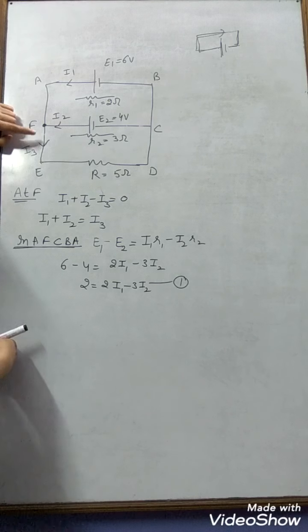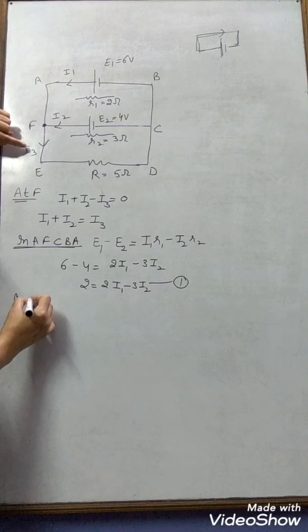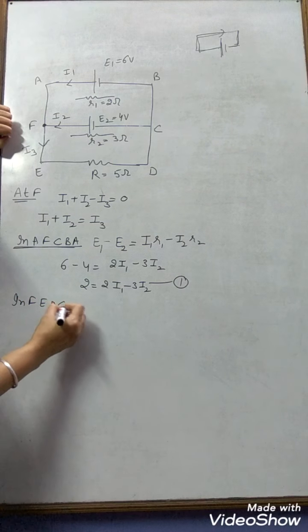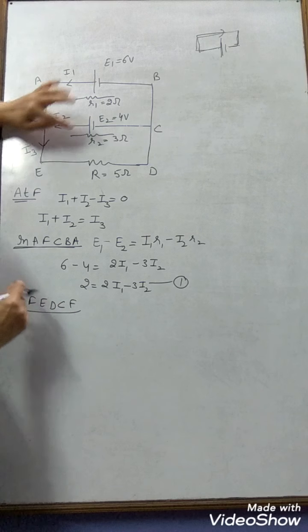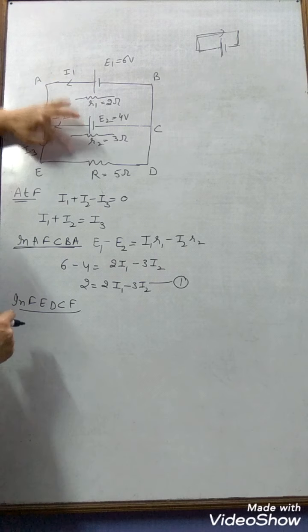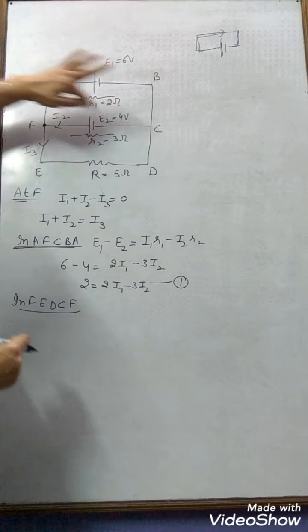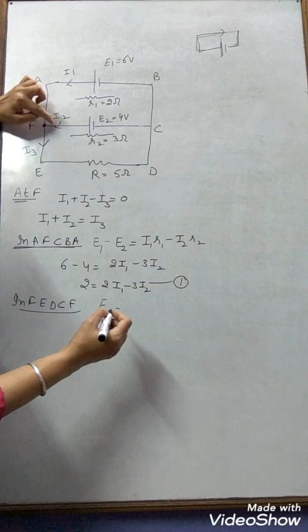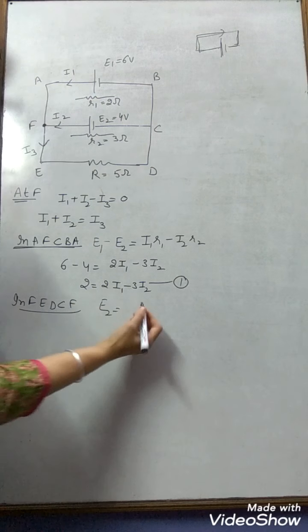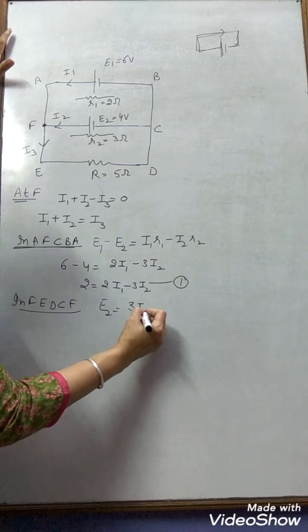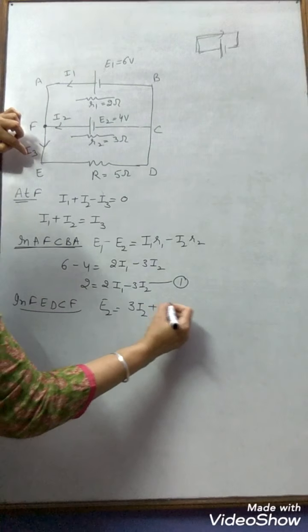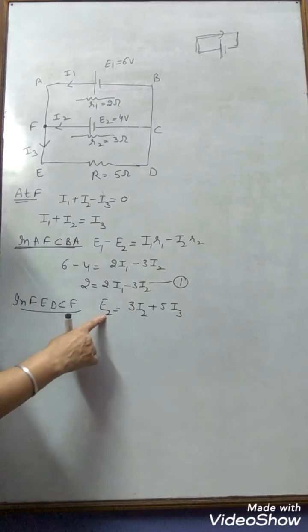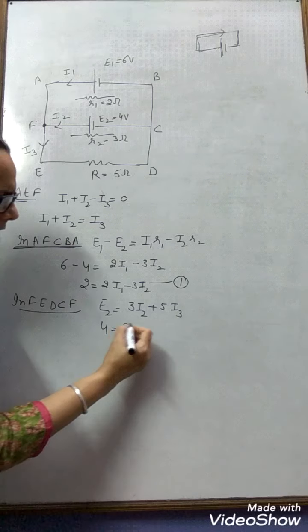Now come to the second loop, F, E, D, C, F. There is only one battery in this loop and it is delivering the current anti-clockwise, so it is positive, and this current is again anti-clockwise. So both are positive. 3I2 plus 5I3 equals E2, which is 4.